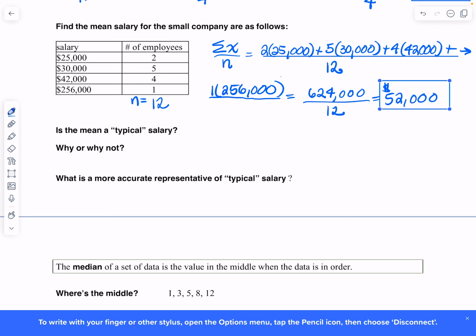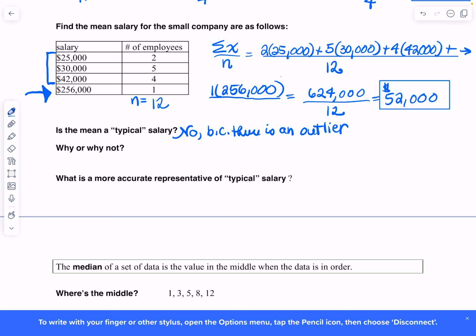And the next question says, is the mean a typical salary? And the reason I'm going to say no is because there is an outlier. What I mean by outlier is that all the salaries from 25,000 to 42,000 are pretty close, but then I have this one that is way off from what the rest of the people are being paid. 256,000 is way more than 42,000.